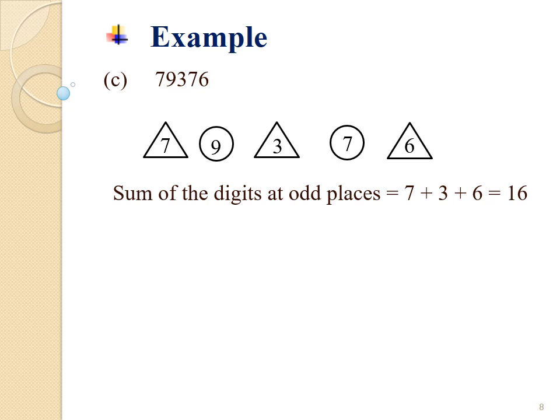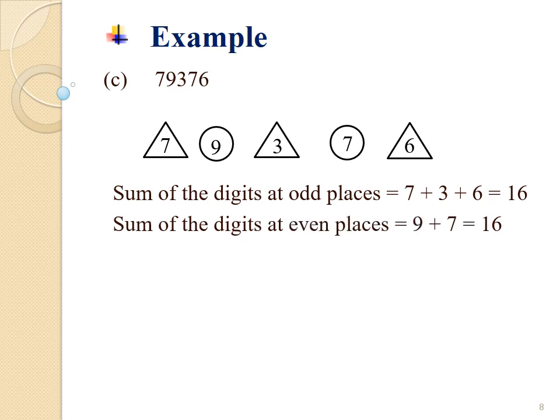Now, step number 2. Sum of all the digits at even places equals 9 plus 7 equals 16. Now, step number 3. Difference equals 16 minus 16 equals 0.